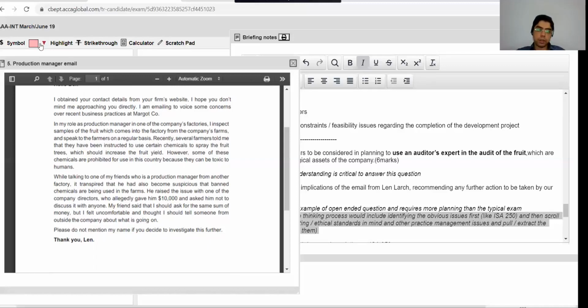Recently, several farmers have told me that they have been instructed to use certain chemicals to spray the fruit trees, which should increase the fruit yield. However, some of these chemicals are prohibited for use in the country because they can be toxic to humans.